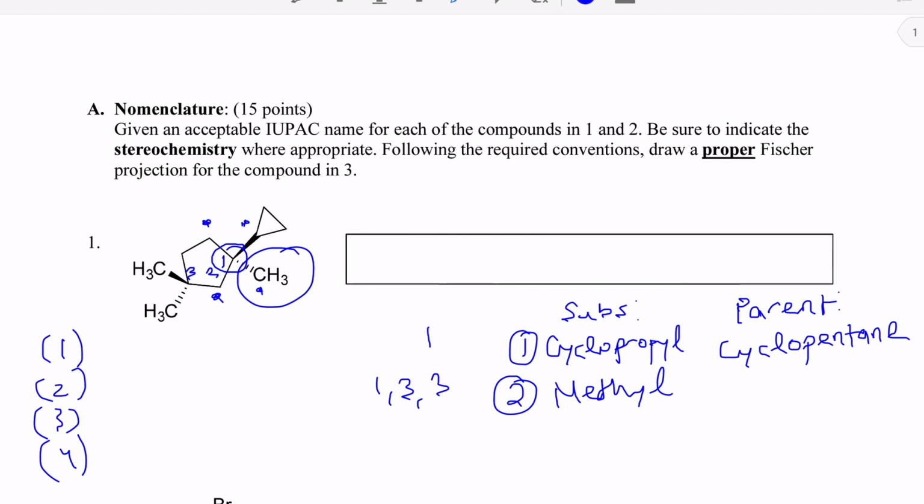So that means that we would give it the lowest priority, or the lowest ranking, according to the CIP convention. Now that we've established our lowest priority group, our next priority is to see what other groups we can easily identify in our ranking of the substituents.